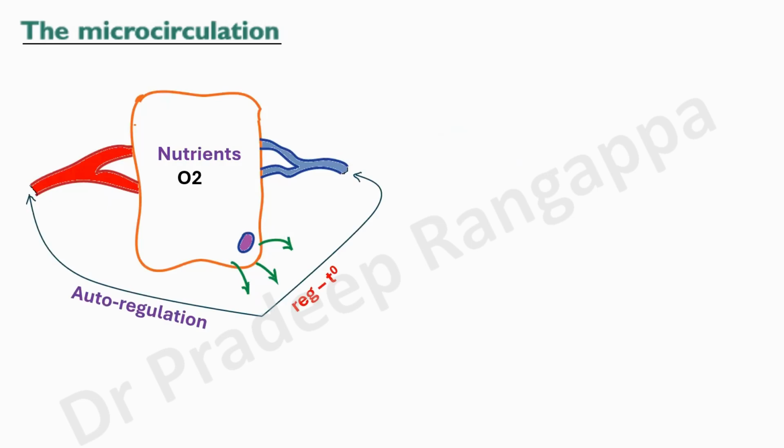But there is a balance between the oxygenated blood going into the cells and the drainage of deoxygenated blood, which is maintained by autoregulation. Even the regulation of temperature happens by maintaining a balance in this microcirculation.